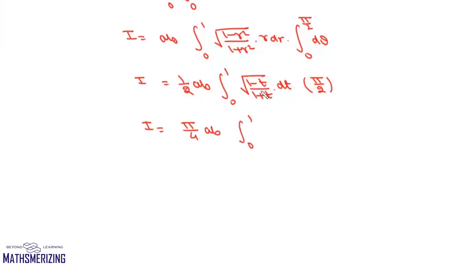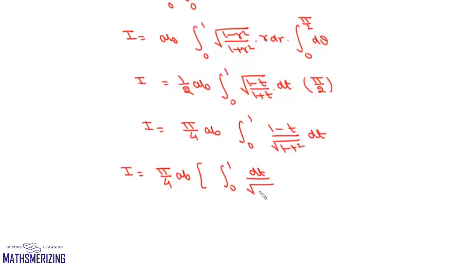Now what we'll do is we'll multiply and divide with the square root of 1 minus t. So we'll get (1 minus t) upon the square root of (1 minus t^2) dt. Now we split it in two parts. We'll write this as pi by 4 ab, and then this integral from 0 to 1 of dt upon the square root of (1 minus t^2), and then minus the integral from 0 to 1, we'll multiply by 2 and divide by 2, of 2t dt upon the square root of (1 minus t^2).